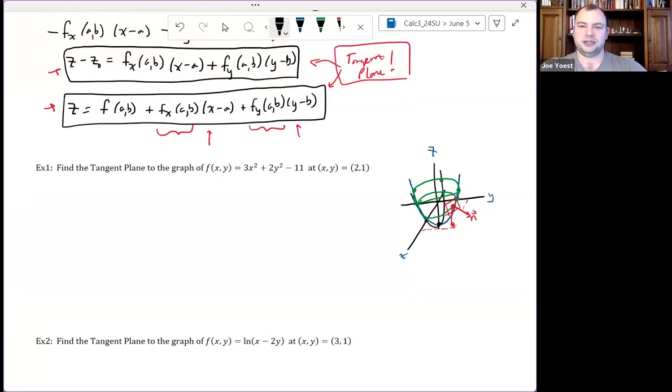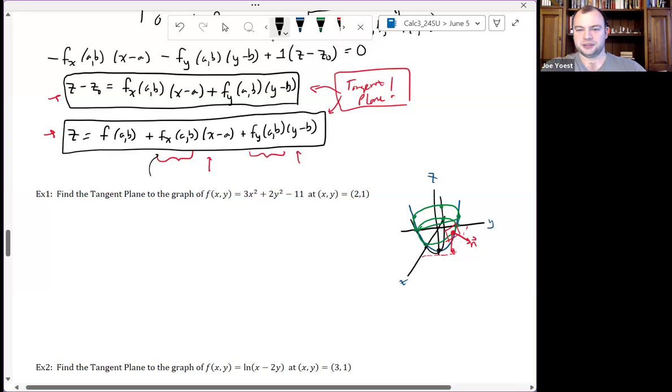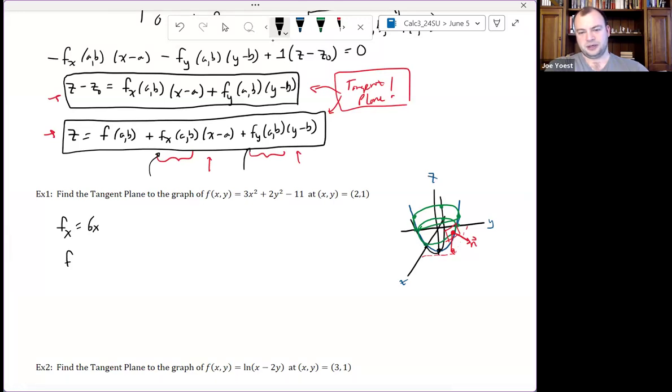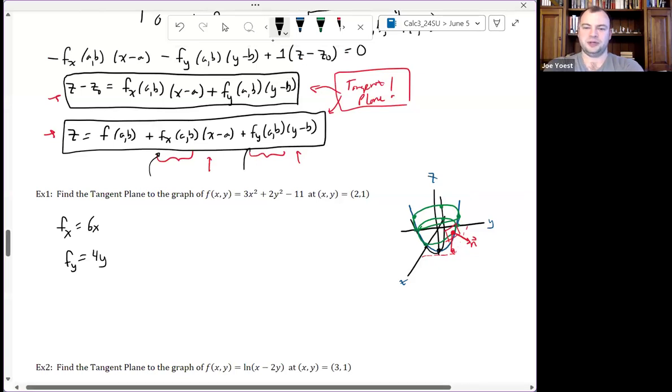Okay, so what do I need for my tangent plane? Well, I need the partials, and I need to evaluate the partials at ab. So let's start there. df dx is going to be 6x, and df dy is going to be 4y. Something very common that folks do both in Calc 1 and in Calc 3 is they get here and then they plug 6x in here and 4y in there.